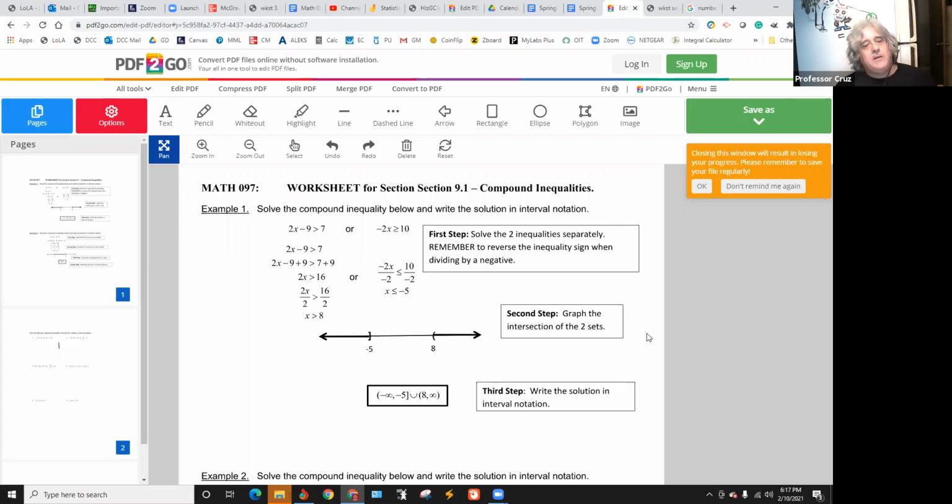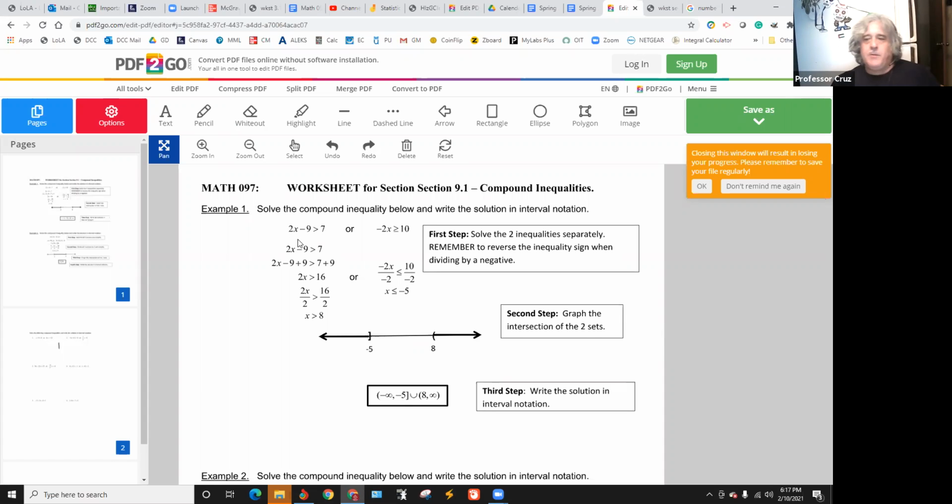All that simply means that you're going to have two inequalities that are connected by either an or or an and. All right. So let's just look at this one.